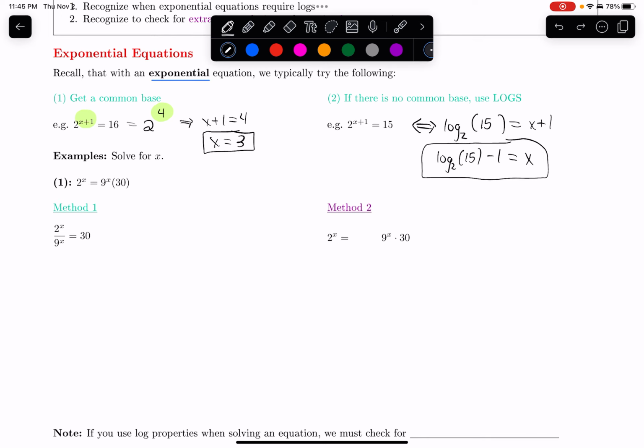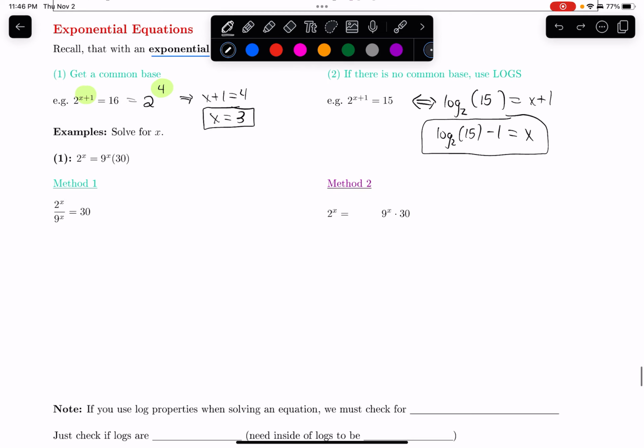In this next equation, I have 2 to the x equals 9 to the x times 30. I'm going to show two different methods to solve this equation. In the first one, I'm going to get all the exponential terms on one side. I can do that by dividing 9 to the x over to the left, which gives me this fraction equals 30. Now I can rewrite the left-hand side because both of these terms have the same power.